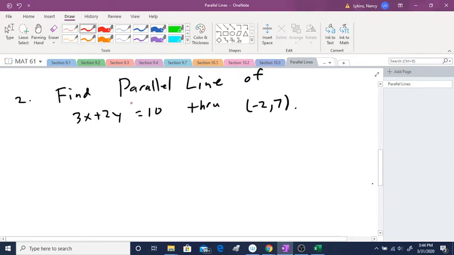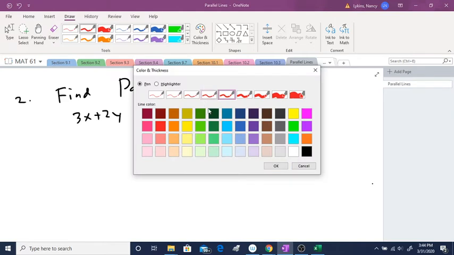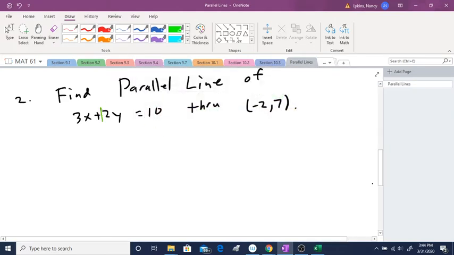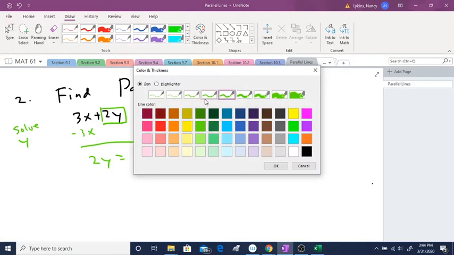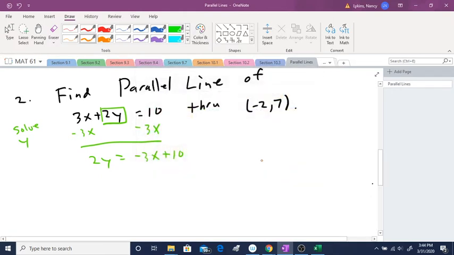So my first thing is I need to solve for y. By solving for y, I'm going to subtract 3x on both sides. This gives me 2y equals negative 3x plus 10. And finally, I need to take this 2 and divide it by everything.